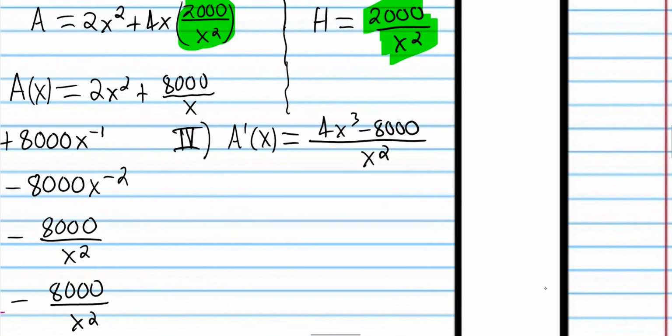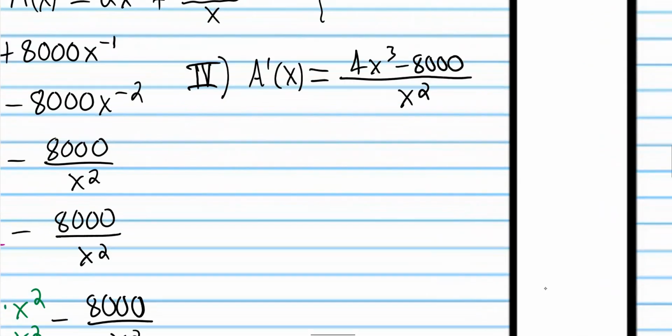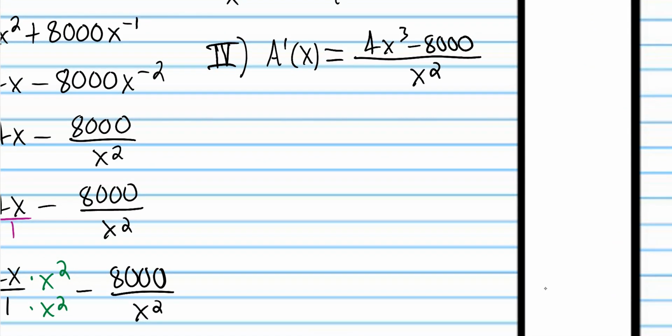And so now we're ready to find the critical numbers. And the critical numbers are the numbers, again, where you can possibly have a maximum or minimum value.